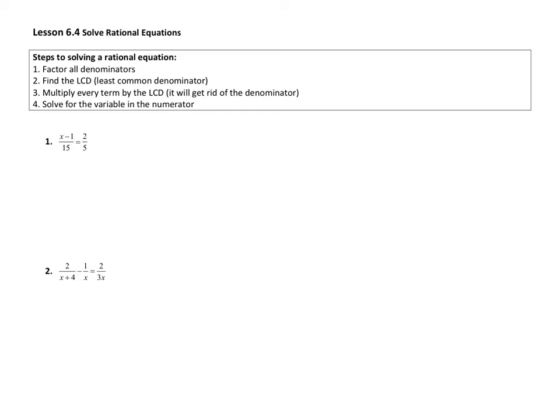Okay, example. So here the LCD is going to be 15. So I'm going to multiply everything by 15. So x minus 1 over 15, and I'm going to multiply that by 15, is equal to 2 over 5.